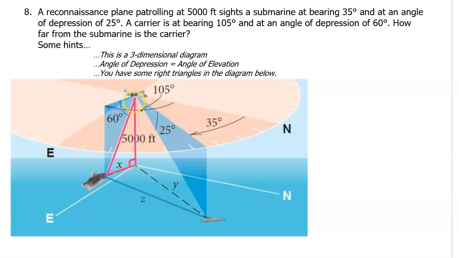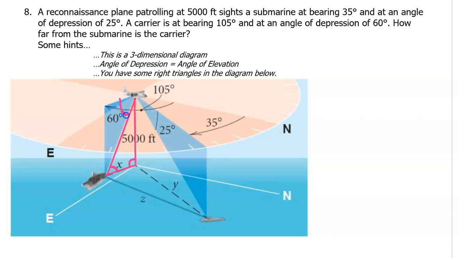So understand that the height of the plane is 5,000 feet. So this vertical line right here is 5,000. Also, you need to know that we have this angle right here that I'm marking. And that's because they gave us the angle of depression is 60 degrees.